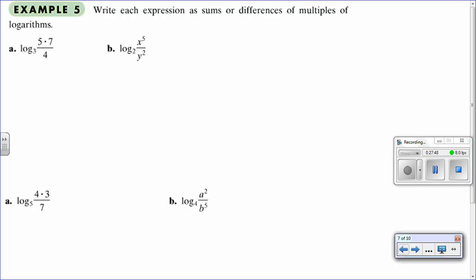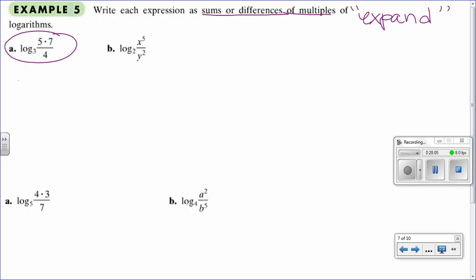Now, what we're doing here is the opposite of condensing, which is actually expanding, or expansion, yes. So we're going to expand. And so it says, write the expression as sums or differences of multiple logarithms. So right here, this first problem, part A, the 5 and the 7 are in the numerator.